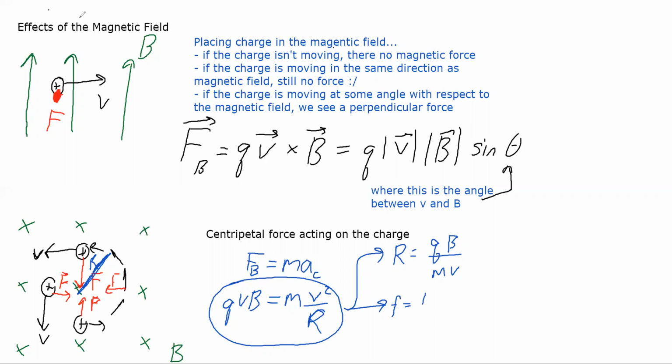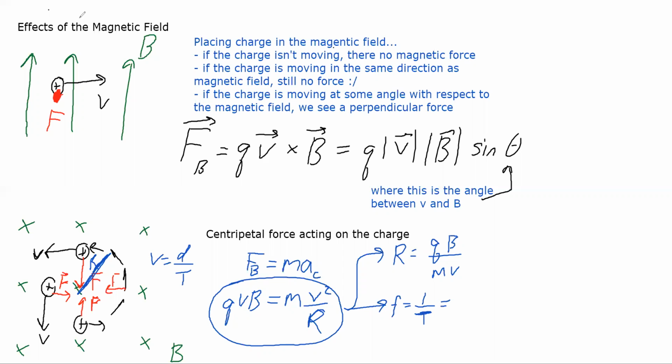Frequency is 1 over the period. And we could find the period by velocity, right? Velocity is distance over time, where that distance is a complete rotation, one complete cycle.